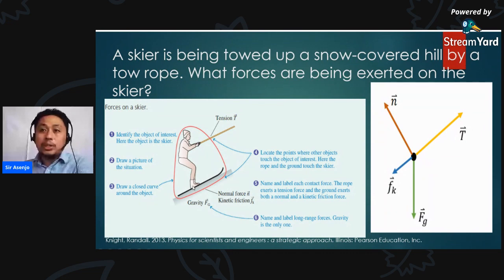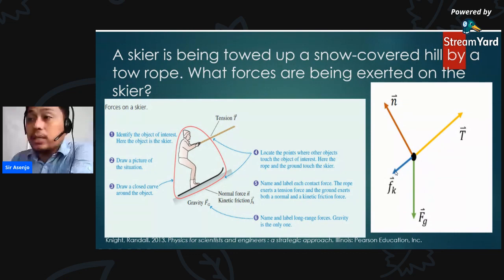Now, when we draw the tension force, its direction is going up, but the length is quite long. This represents that the force vector applied by the tension force is greater compared to the kinetic friction. Why is that?